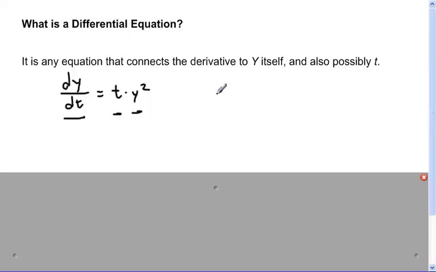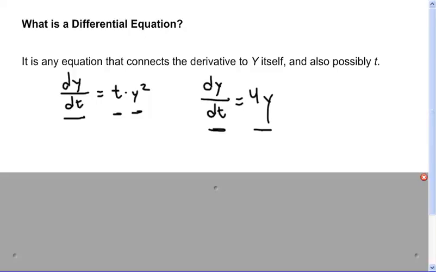Another example, dy/dt equals 4y. This one's a little bit simpler. This one does not involve the independent variable t. This just simply says that the quantity y changes at a rate that is always going to be equal to just 4 times whatever the number itself is.